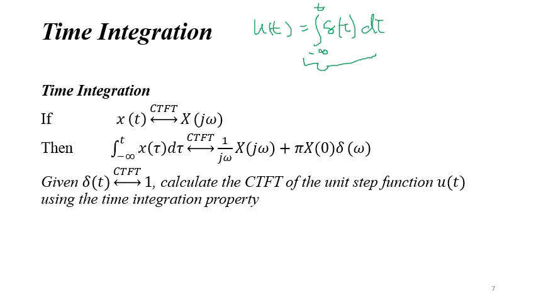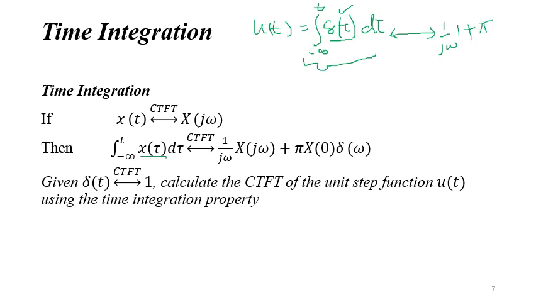So by using this expression, this x of t is basically your impulse of tau. If I take the Fourier transform, what is the Fourier transform of the impulse? So I just write 1 over j omega, and the Fourier transform of the step is 1, so I write 1, multiplied by 1, plus pi.